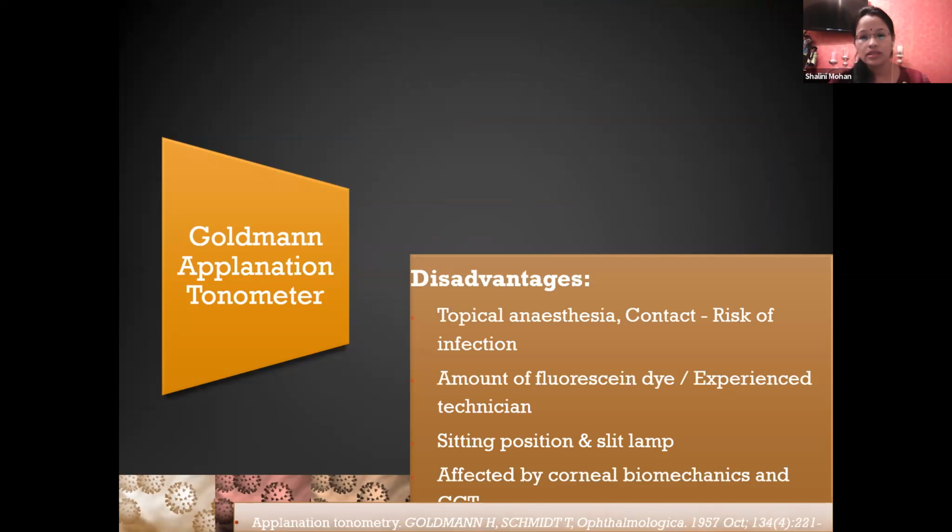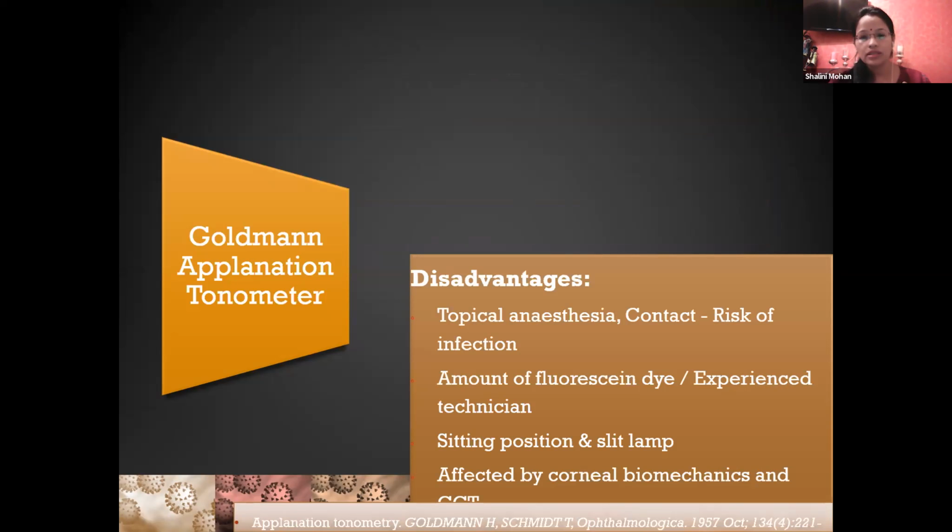Normally, you match the zero axis of your holder with the zero axis of the biprism. But if you have astigmatism, you rotate your prism to the minus axis, or the steep cornea, and then you start taking the reading, and you see these kind of mires, the oblique mires. Then you get a more accurate reading in astigmatic patients.